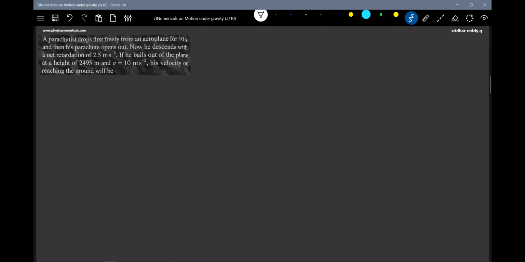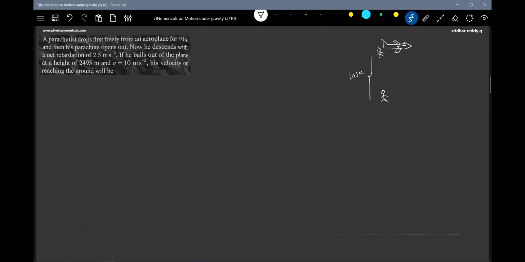What is the overall problem? Suppose this is the ground. There's a plane, and from here the person falls freely, for 10 seconds.